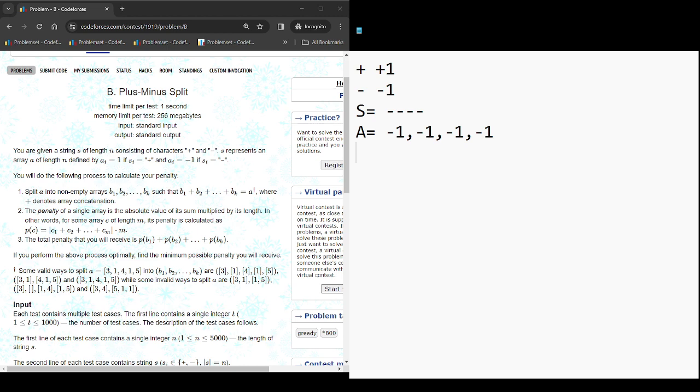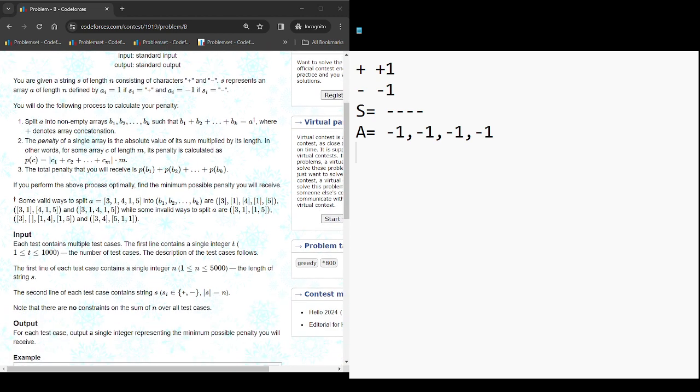The penalty of a single array is the absolute value of its sum multiplied by its length. Basically, you have to divide this array into parts so that the penalty is minimum. And how is the penalty calculated? Let me show you.